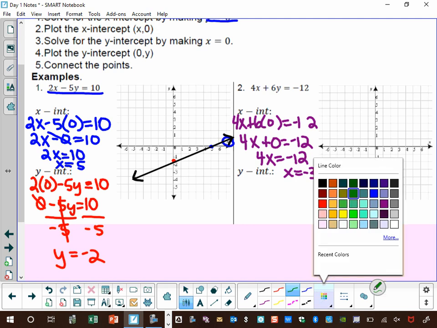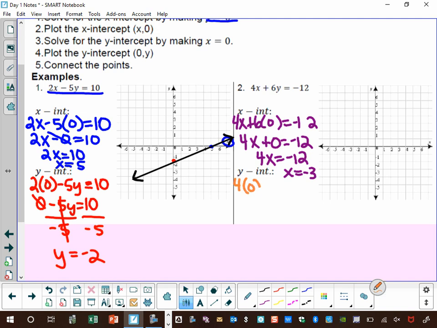All right, let's do the last one, y-intercept. I'm plugging in 0 for my x. I'm solving for y. And I'm left with 0 plus 6y is equal to negative 12. If I have 6y equal to negative 12, how do I solve for y?